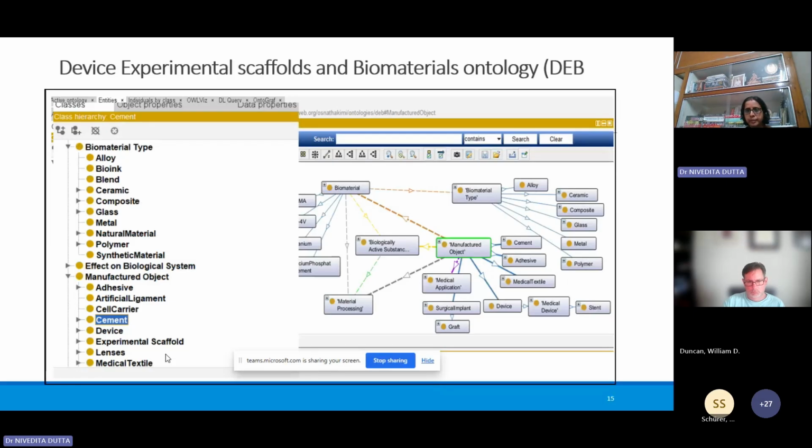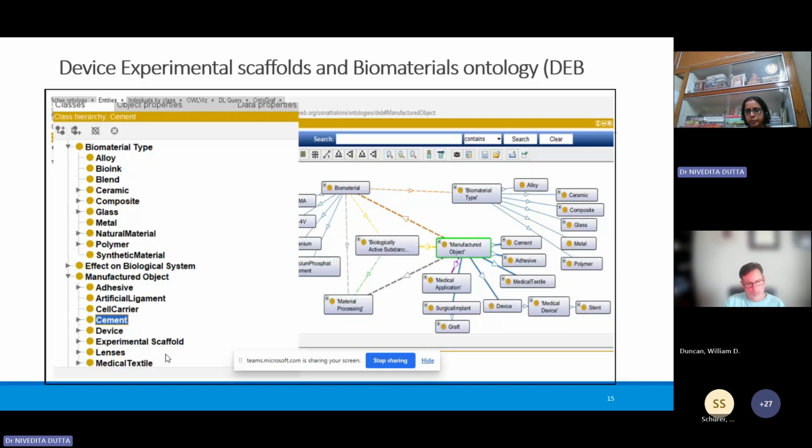This is another one, the Device Experimental Scaffold and Biomaterial Ontology. Here also we found mention of different biomaterial types like alloy, ceramic, composite, glass, and metals. But we found an ambiguity: a few other types of dental materials like cement or adhesives are not under a biomaterial type, rather they are under manufactured object.